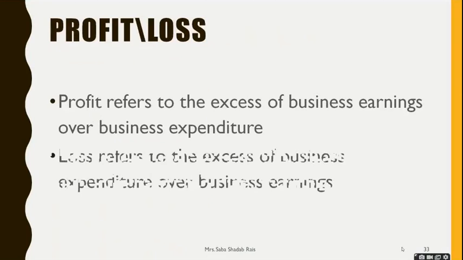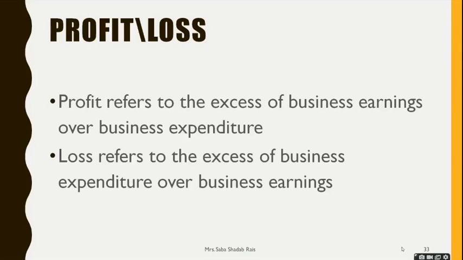Profit and loss, we generally say nafa nuksan in our general term. When we talk about profit, profit is the excess of business earning over business expenditure. I have spent 1 lakh rupees in my business and after spending that, my earning is 1,20,000. So my business expenditure is 1 lakh and I am getting 20,000 extra out of that business.